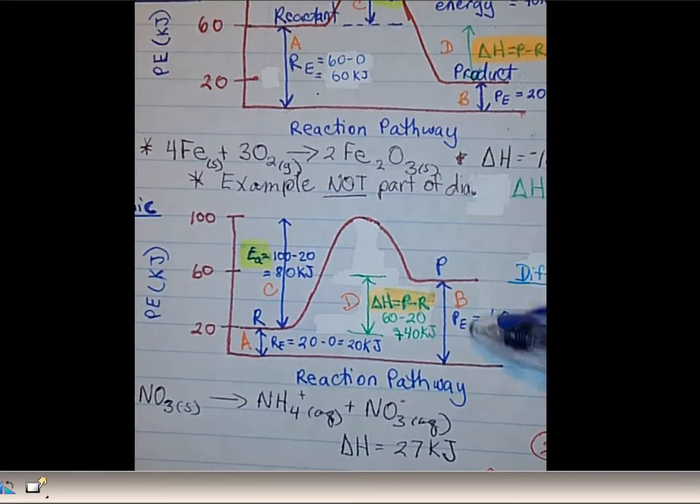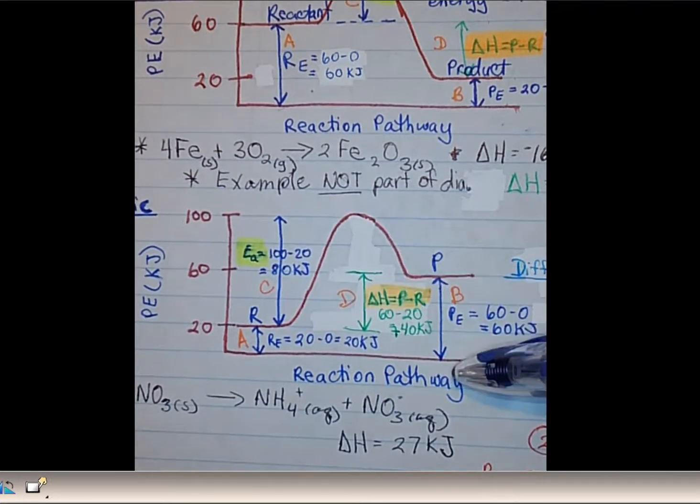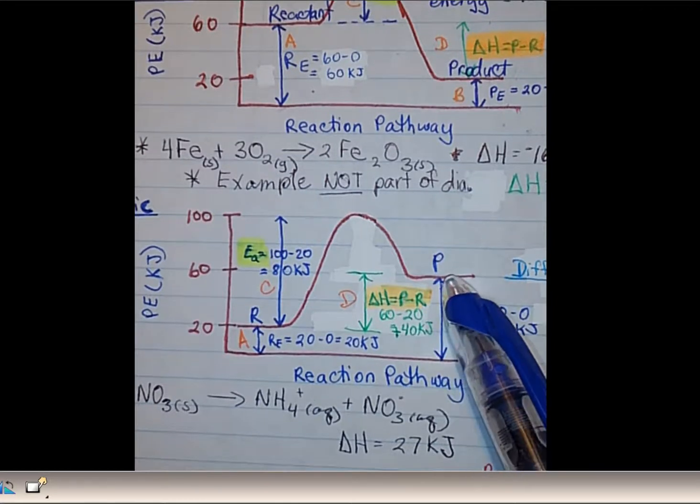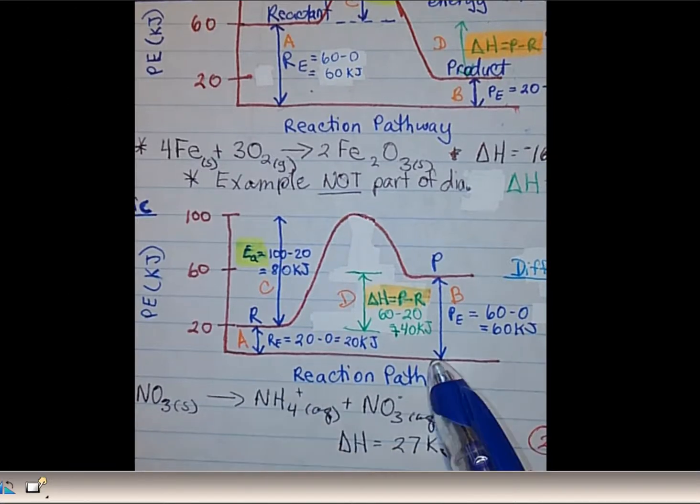And then your products have an energy of 60, going all the way to 0. So this is to say that the product energy must be at least 60 kilojoules in order for any products to be produced. So those are the simple ones.